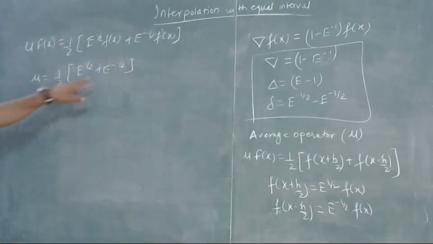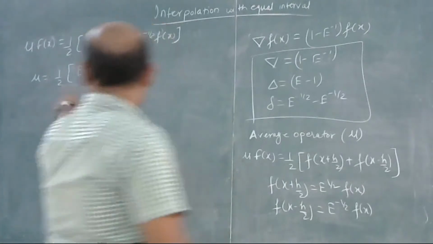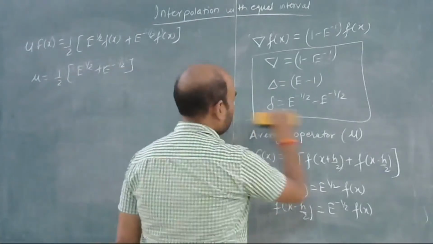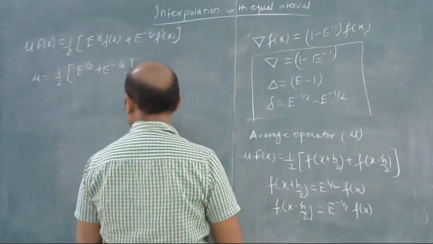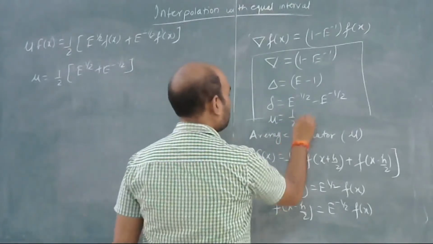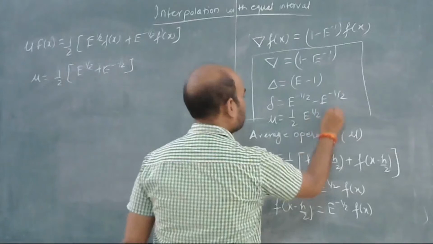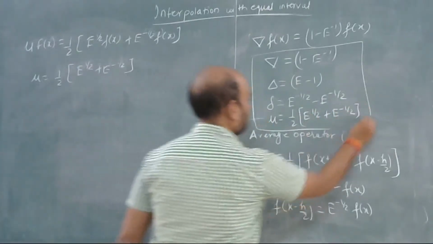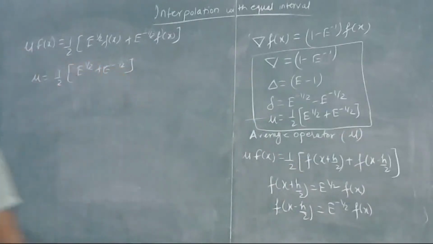In the last class I had written a minus here, so correct it. So this is the relationship between the shift operator and the average operator. The new formula is μ is equal to half (E^(1/2) + E^(-1/2)). So these are the relationships between different operators.